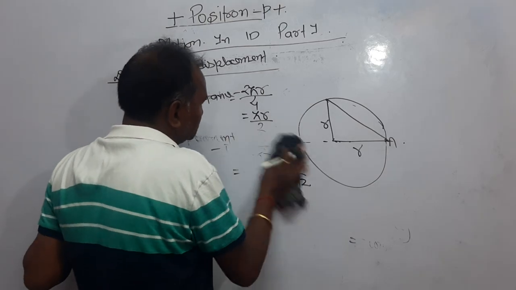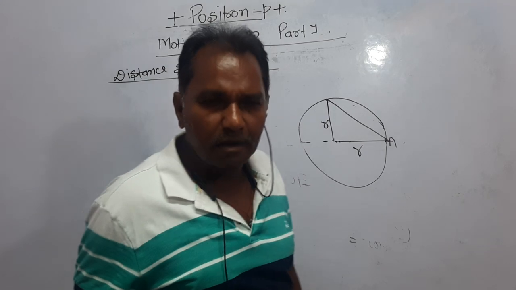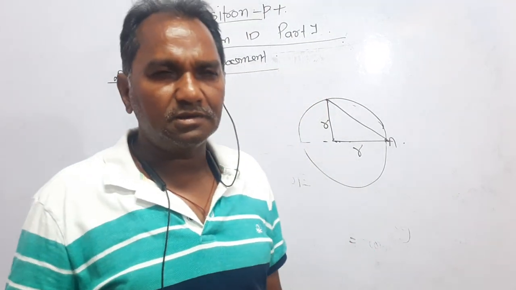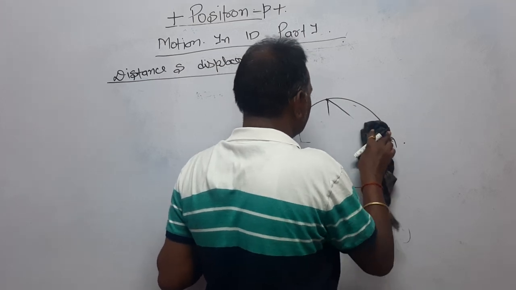Dear students, we have considered whole cycle, half cycle, quarter cycle, the distance and displacement. But what happens? Look here.